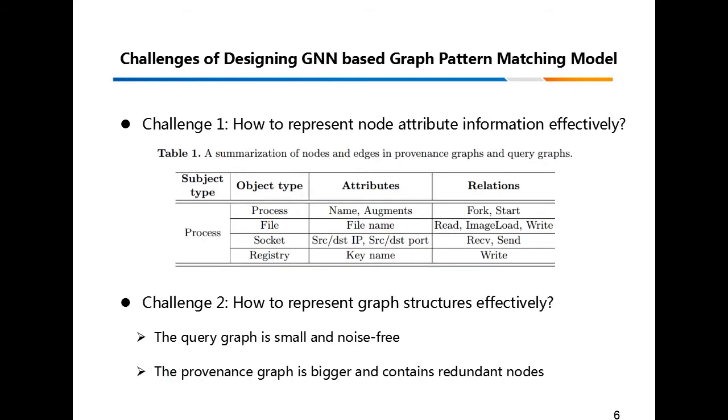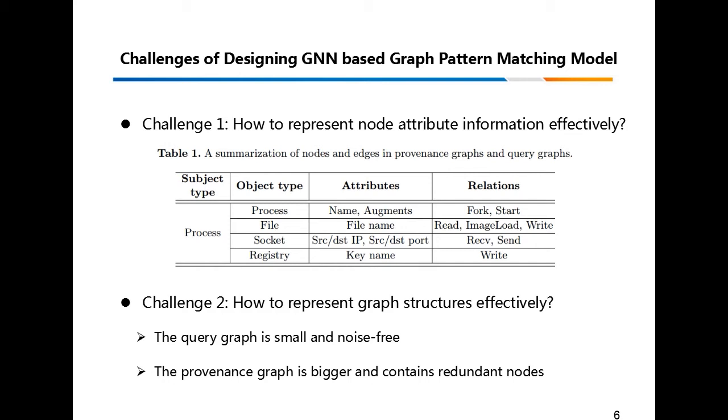However, designing the GNN-based graph pattern matching model has two challenges. First, how to represent node attribute information effectively. There are multiple node types in graphs. Each node has many attributes, and different attributes may have different importance to the graph pattern matching task.